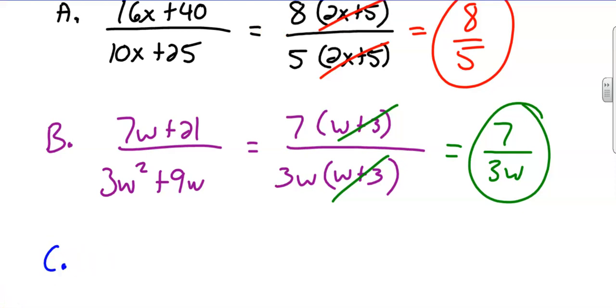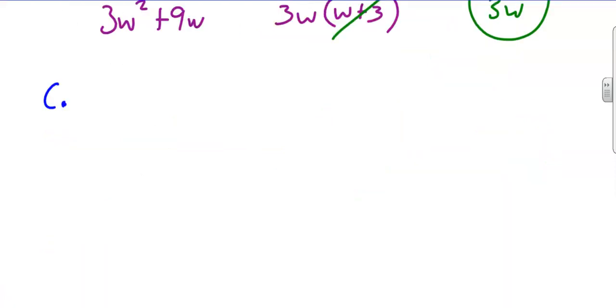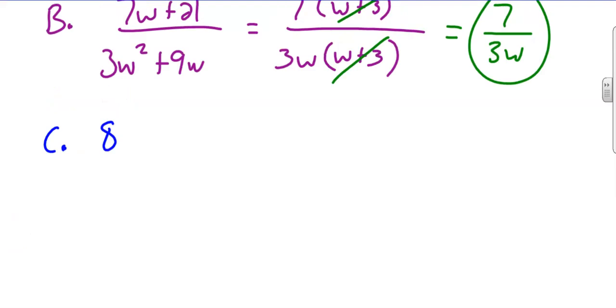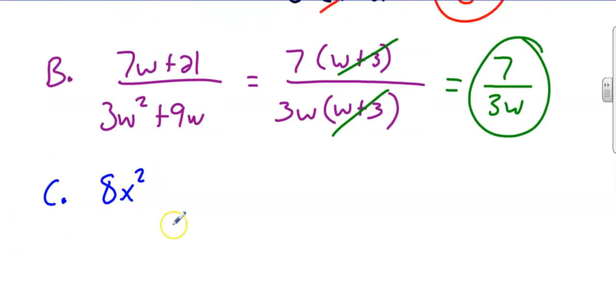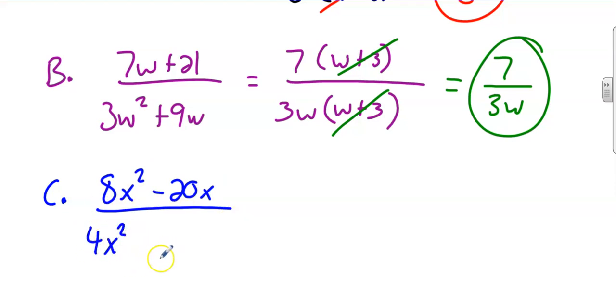All right, one more of those, just to make sure we got everything going here. So 8x squared minus 20x, over 4x squared minus 28x.